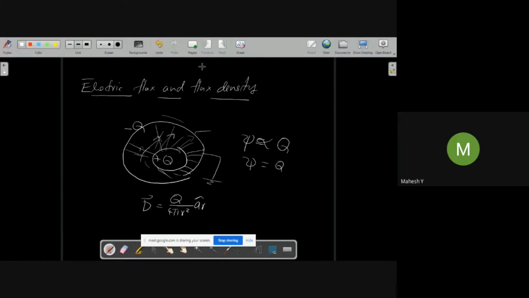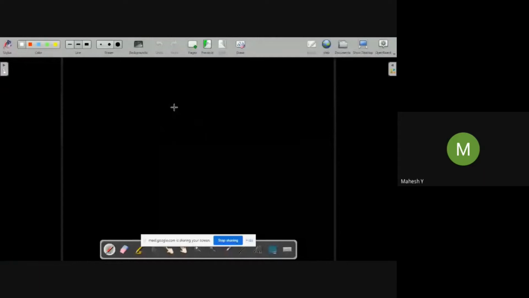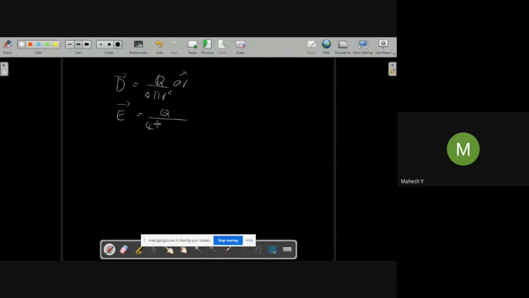We have also derived a relation: since D is equal to q by 4 pi r square ar cap, and E is equal to q divided by 4 pi epsilon 0 r square ar cap, you have a direct relation here.